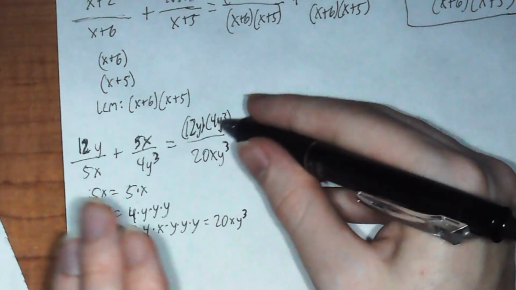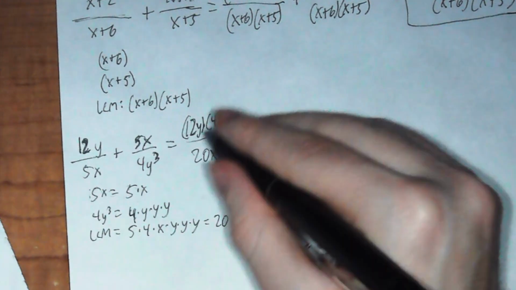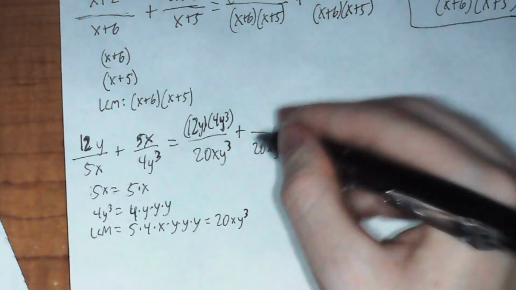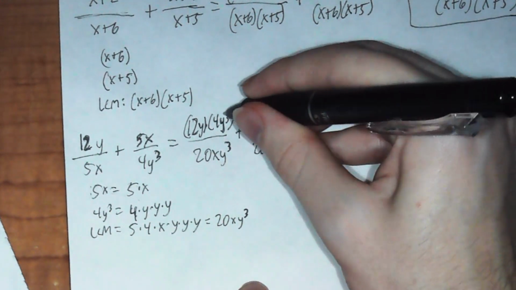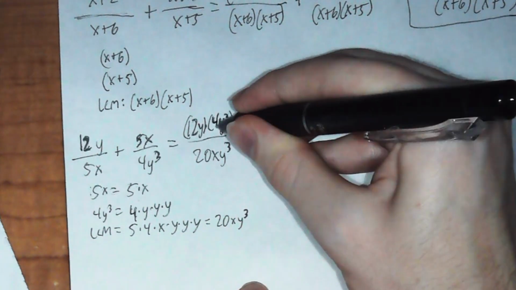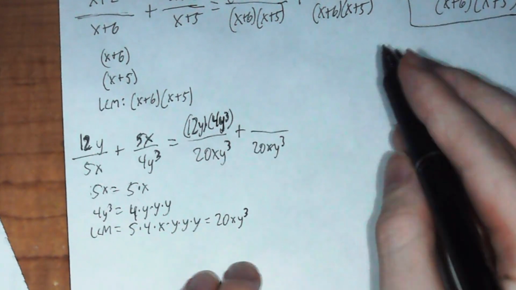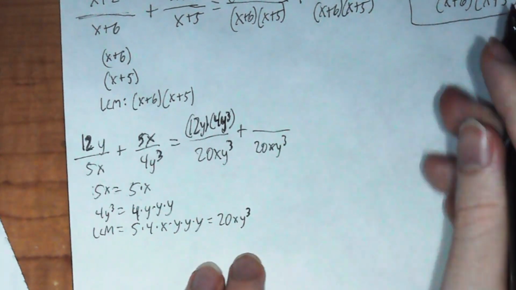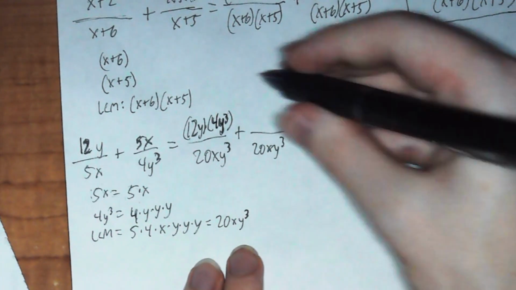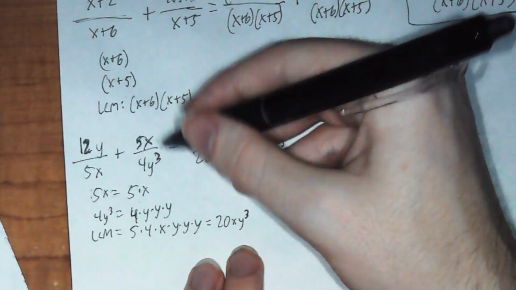For now, I'm going to leave it like this. Next class, we're going to actually do the rest of this out. But for now, I just want us to get used to the idea of common denominator.